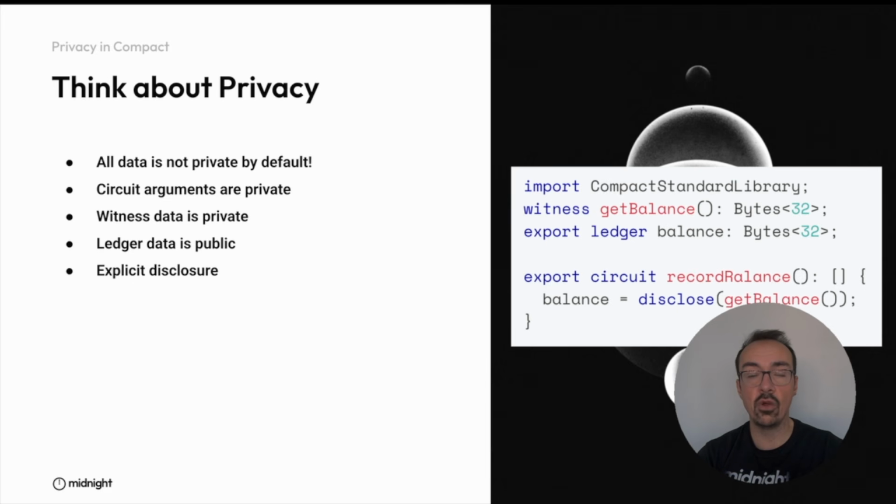So that value coming from the witness is private, but as soon as you save it in the ledger, it's going to become public. And the compiler wants you to acknowledge that you know that, and that's why you have to wrap it into that disclose function and use explicit disclosure to understand that that value is becoming public.